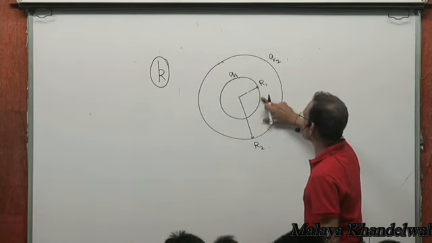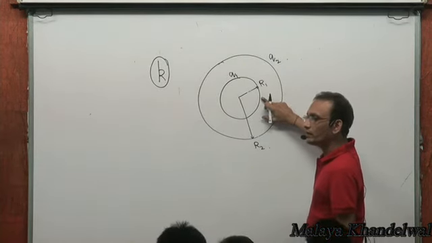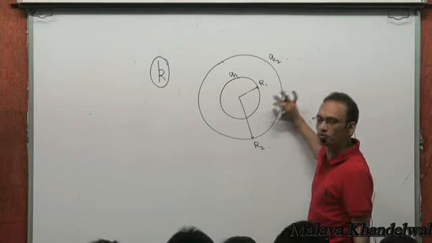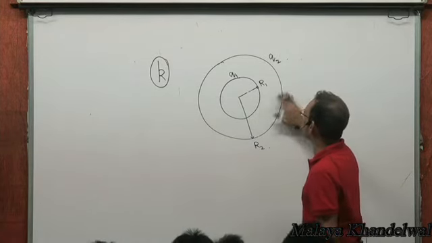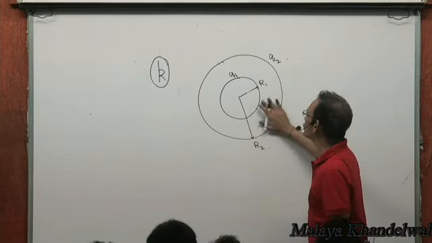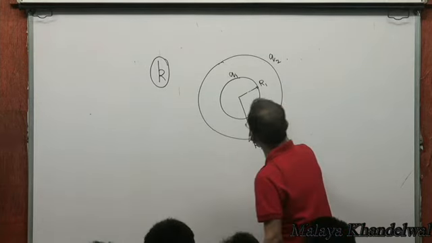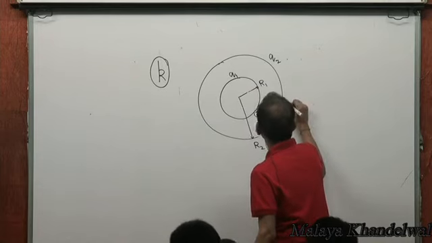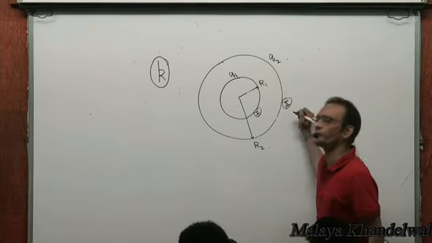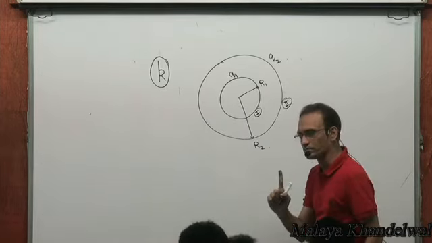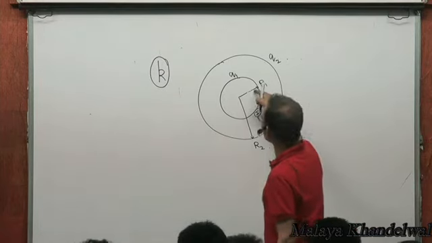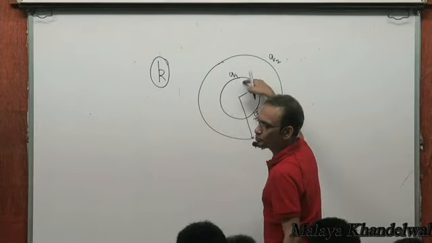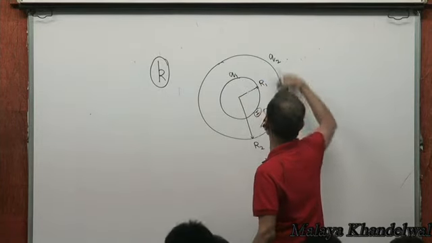Because if they were non-conducting, it would be a different situation. But for the first part, whether they are conducting or non-conducting does not matter. If I have to calculate the potential difference between sphere 1 and sphere 2, I'm assuming that q1 is distributed uniformly and q2 is distributed uniformly.